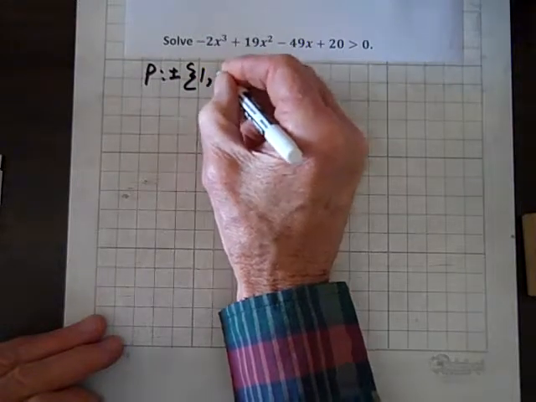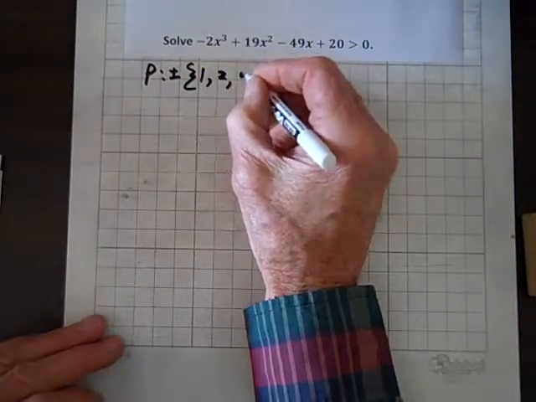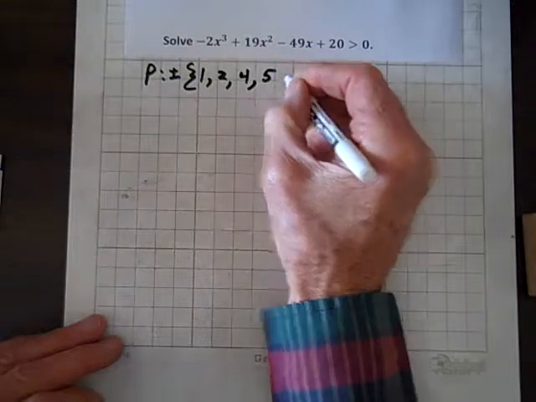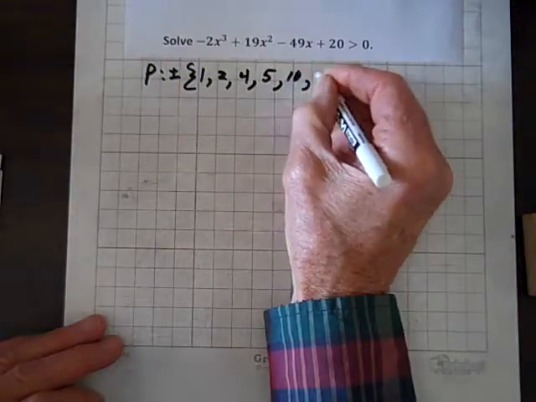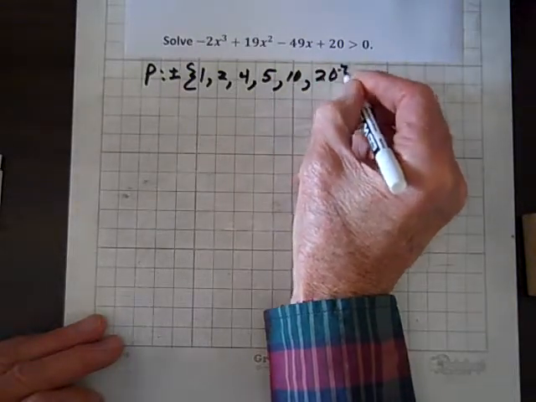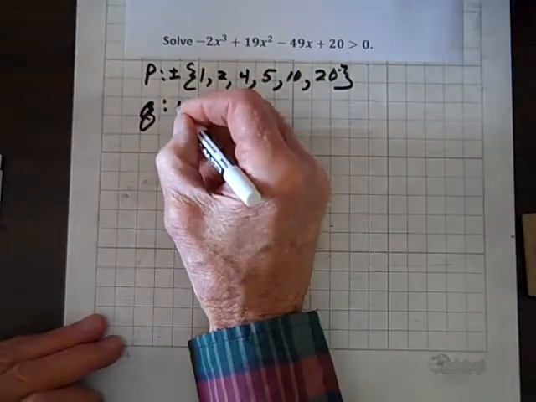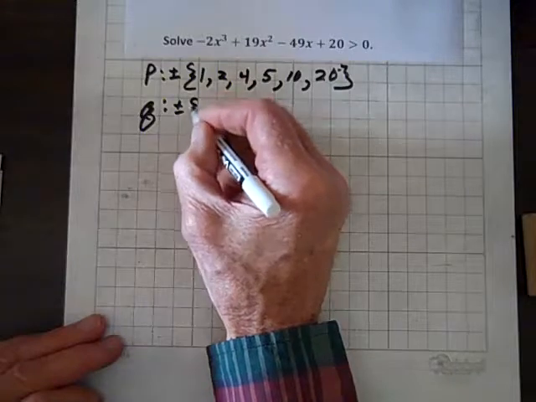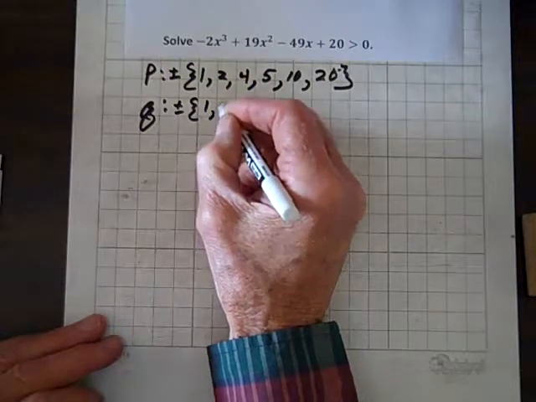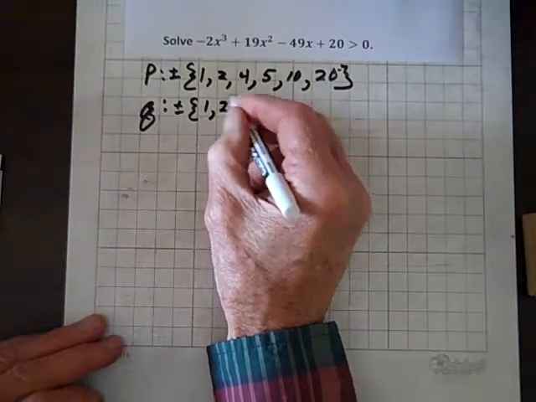Well, they're 1, 2, 4, 5, 10, and 20. And for Q, all the possibilities are plus or minus 1 and 2, the factors of 2.